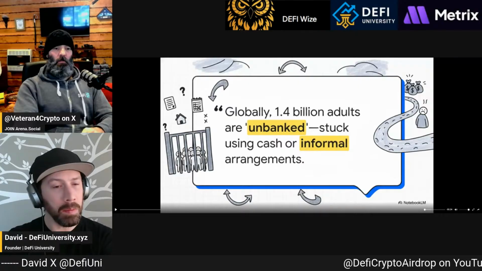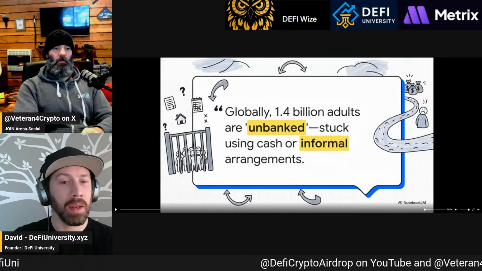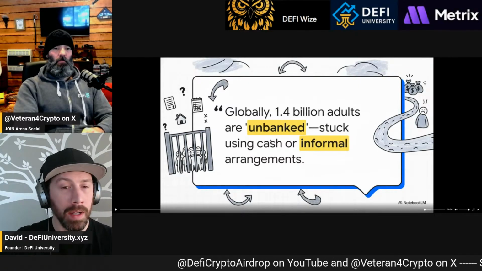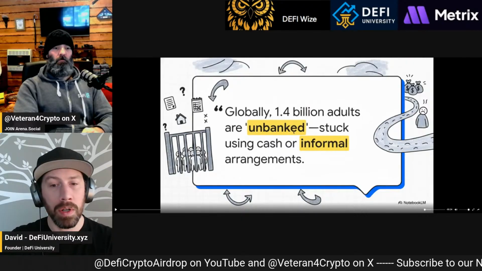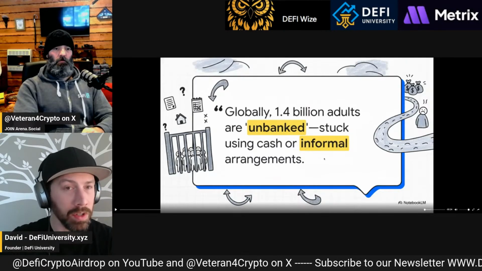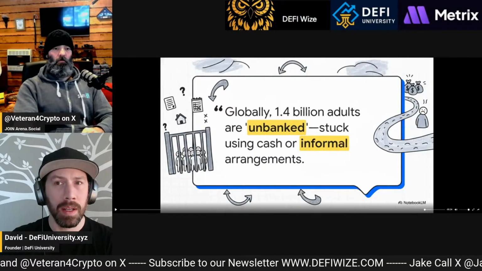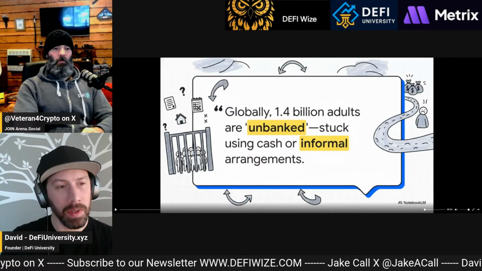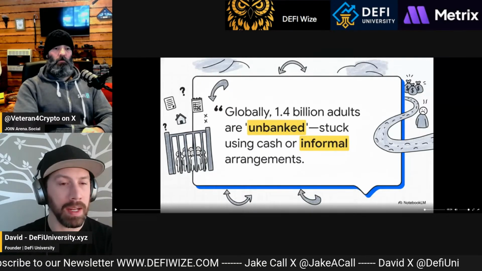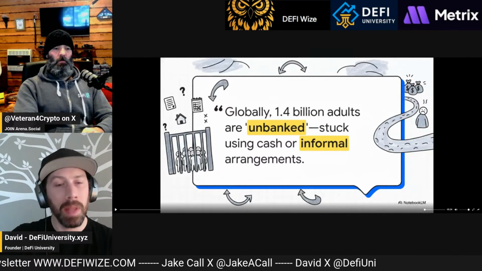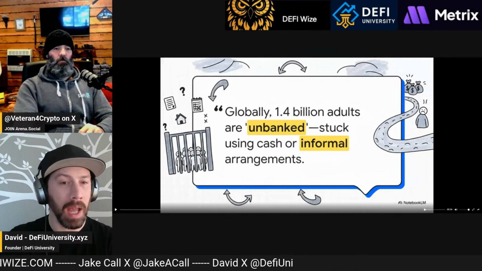And if that could be abstracted away, then all of a sudden the people who are either unbanked or using informal banking relationships like the check stand at Walmart, they could use that on an app on their phone if it was very easy to use and the complexity wasn't there. It was abstracted away.